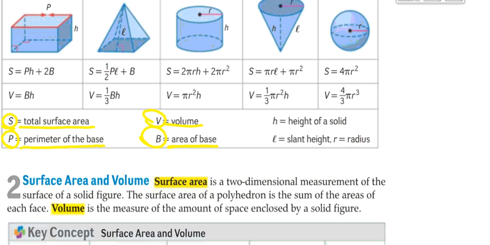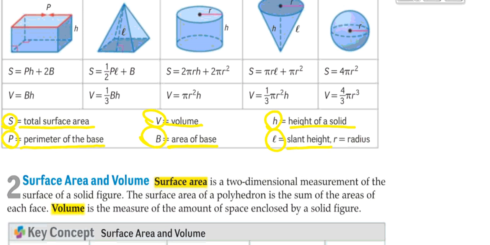Volume is something you're familiar with already, and then there's a couple of different heights. In these formulas, you are either talking about the height of the whole solid, or something called the slant height. So if we're looking at this, the height would be this edge right here.